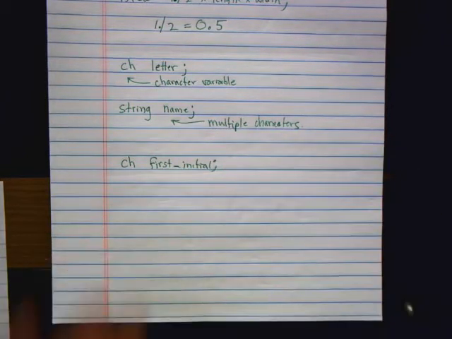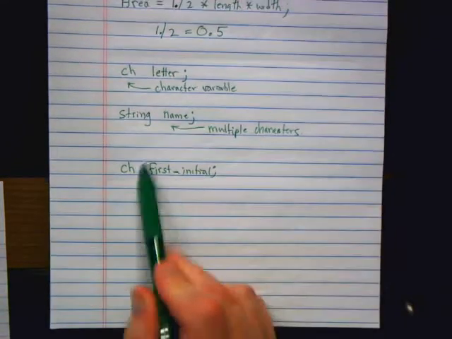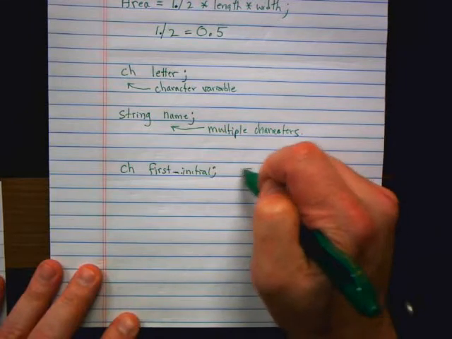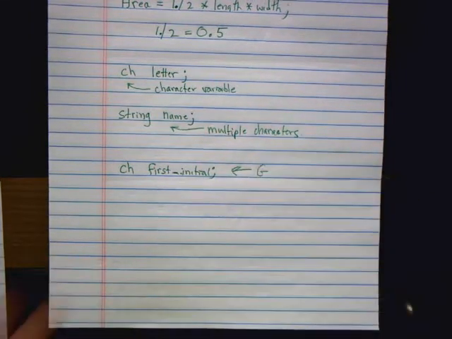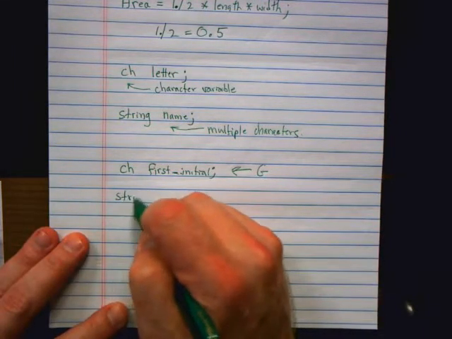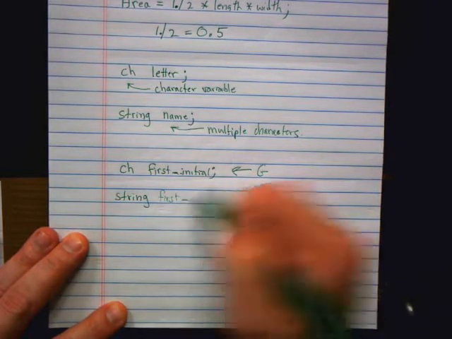So you could have a variable named like that, where this is an actual dash. So this will store one letter. If I were using this, my first initial, I could store G. A string variable, on the other hand, I might have a string variable called first name.